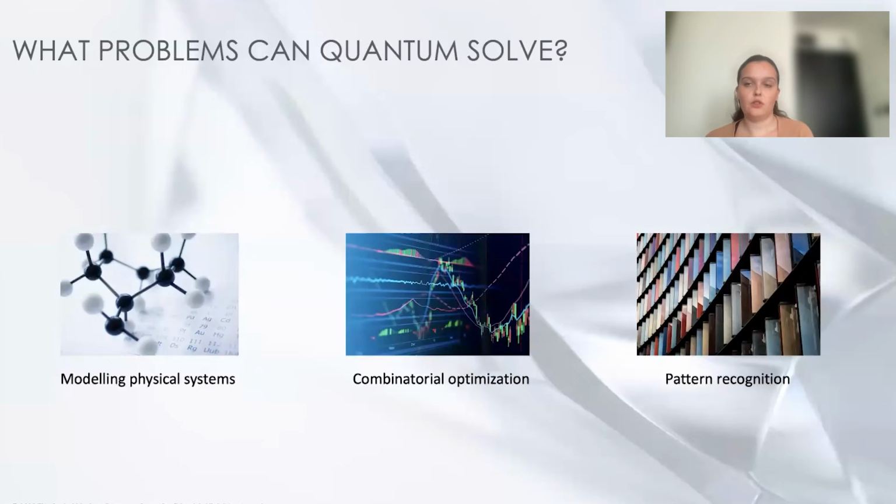And for the combinatorial optimization problem, we're also looking at finding the optimum solution, which is often a minimum of something. So when we look at lots of different options together, combinatorial optimization and modeling of physical systems is very similar.